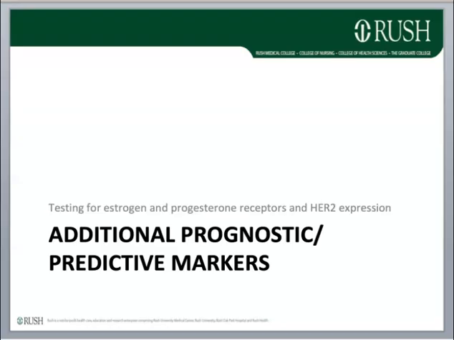The diagnosis of breast cancer also includes the evaluation of additional prognostic or predictive markers. So we test tumors for estrogen and progesterone receptor expression and expression for the epidermal growth factor receptor HER2.